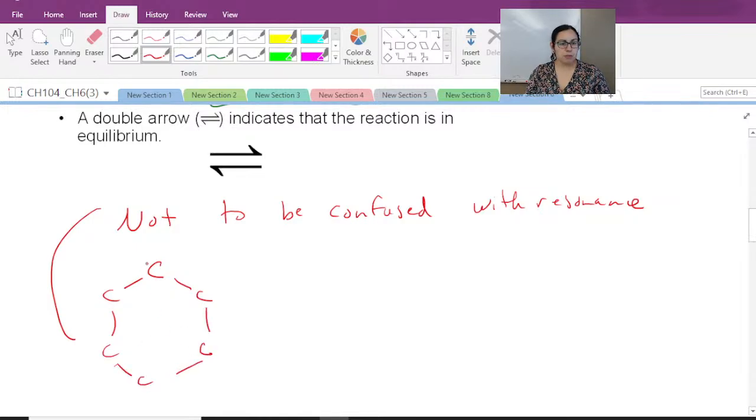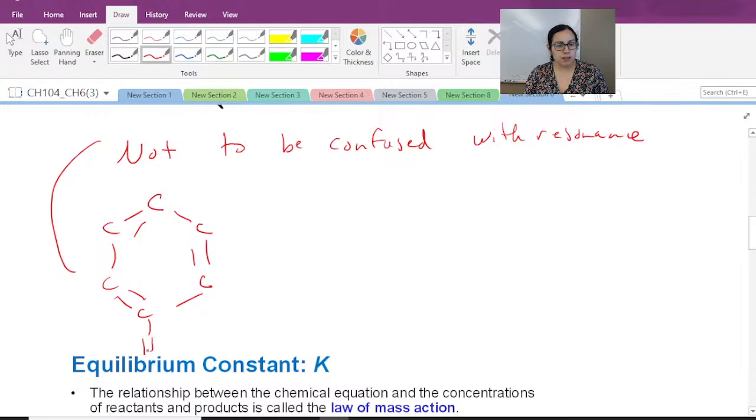is we talked about this molecule benzene and how you like to draw it like this, indicating our double bonds. And we can draw a hydrogen, so every carbon has 4 bonds.